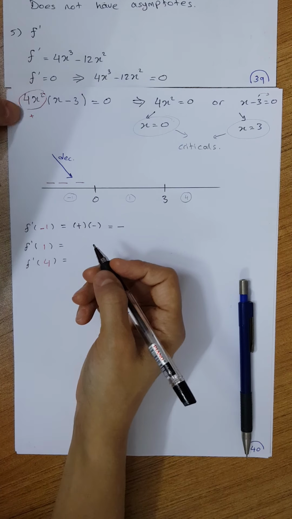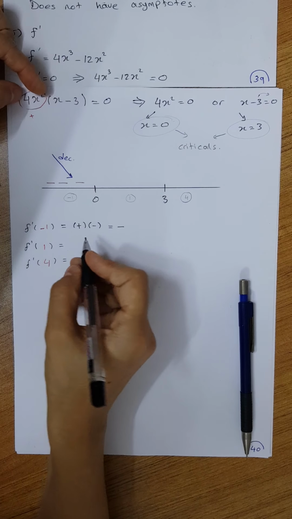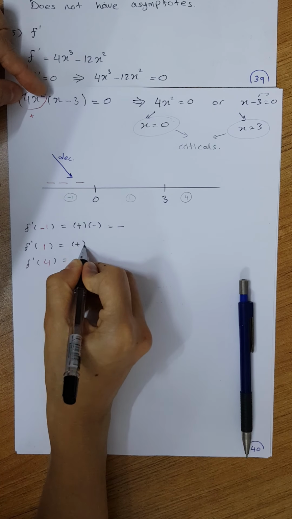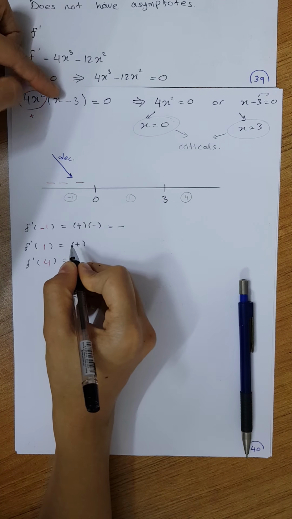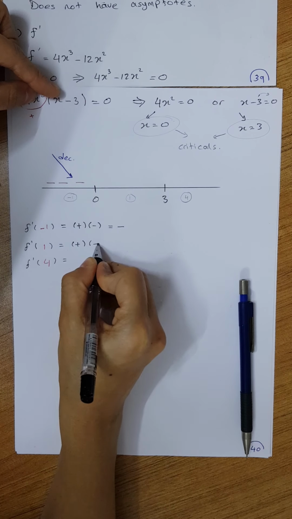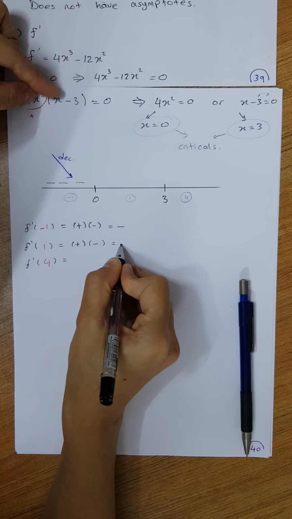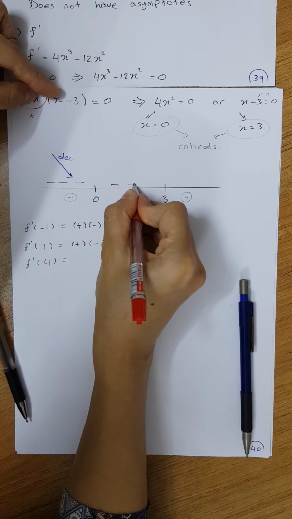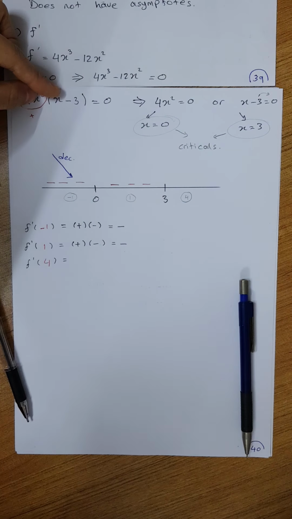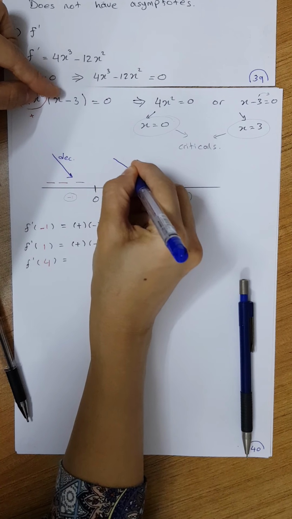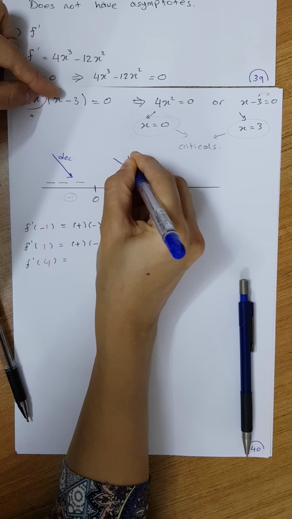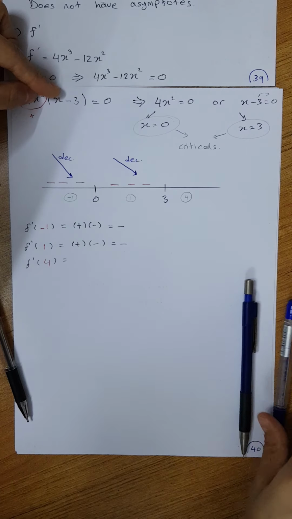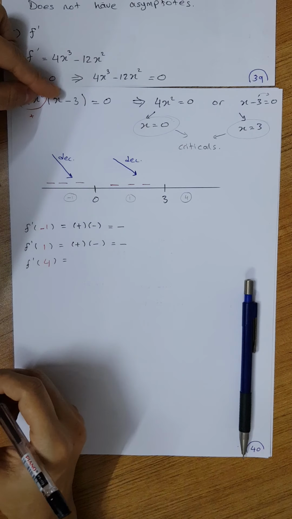This part is again positive. If I put 1 instead of x, 1 minus 3 is again negative. So positive multiplied by negative is again negative. That means this interval is negative, and whatever number I choose, I get a negative value. That means the function is again decreasing.